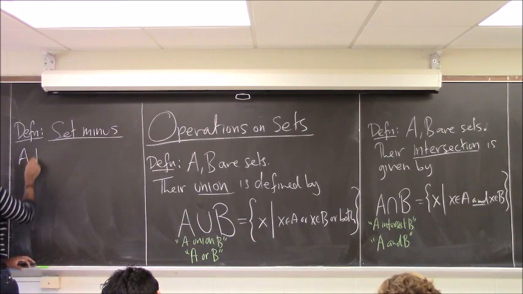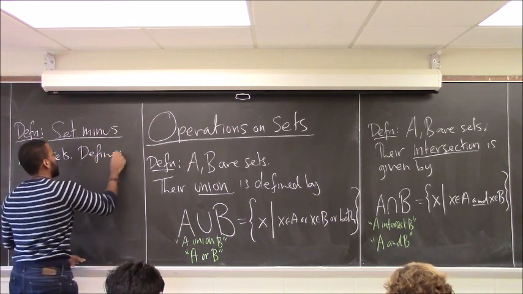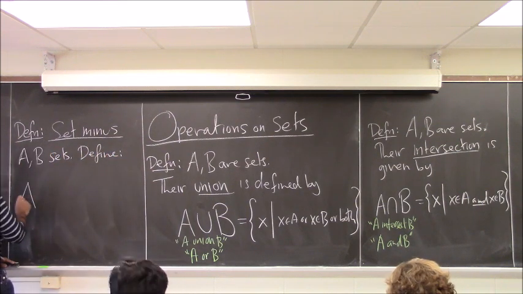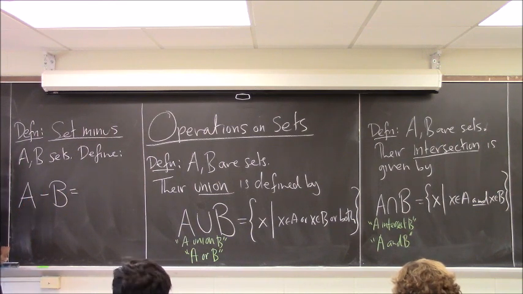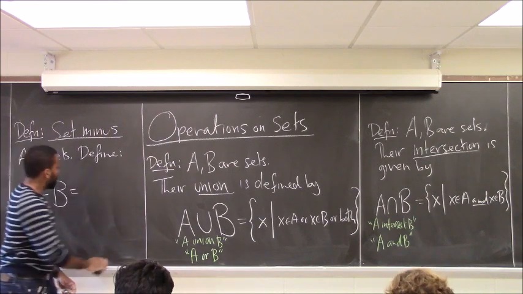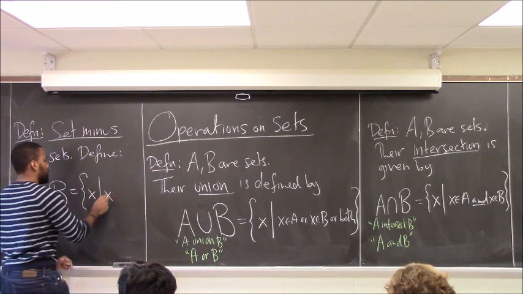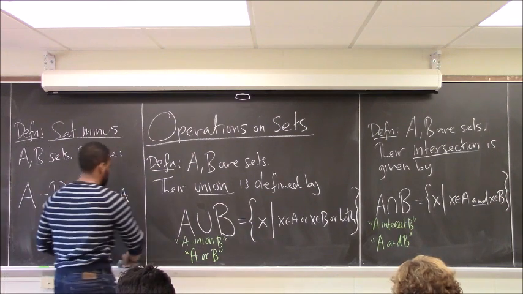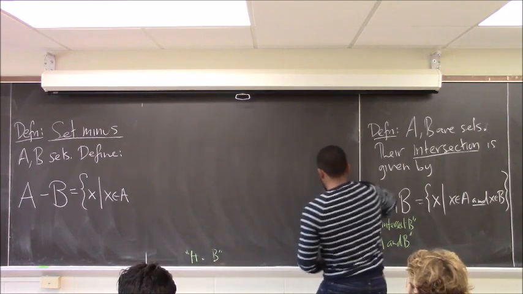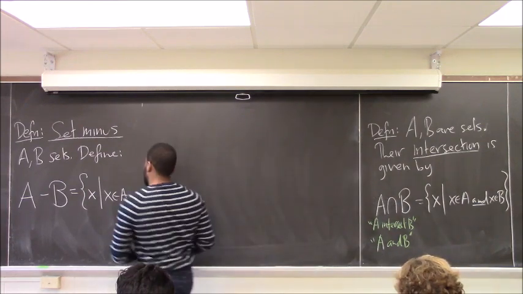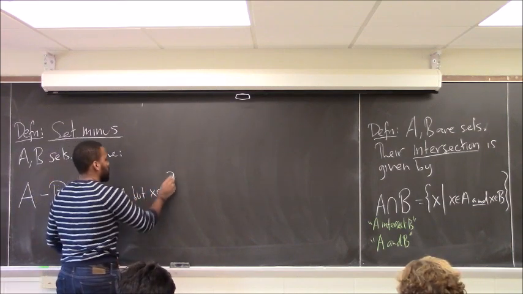If A and B are sets, we define A minus B. When I put one set minus another, what does that actually mean? Well, it is the set of all elements x such that x is in A but x is not in B.